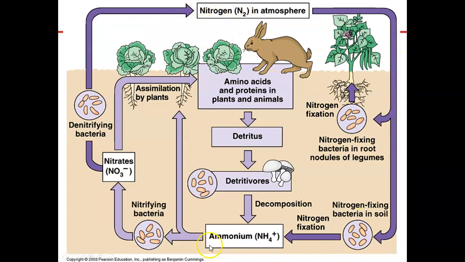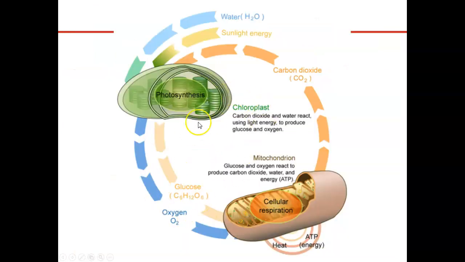So nutrients cycle, you probably remember that from your general biology class. And this is showing the cycle of nutrients for nitrogen, actually. This is another cool figure that I like that just shows photosynthesis.